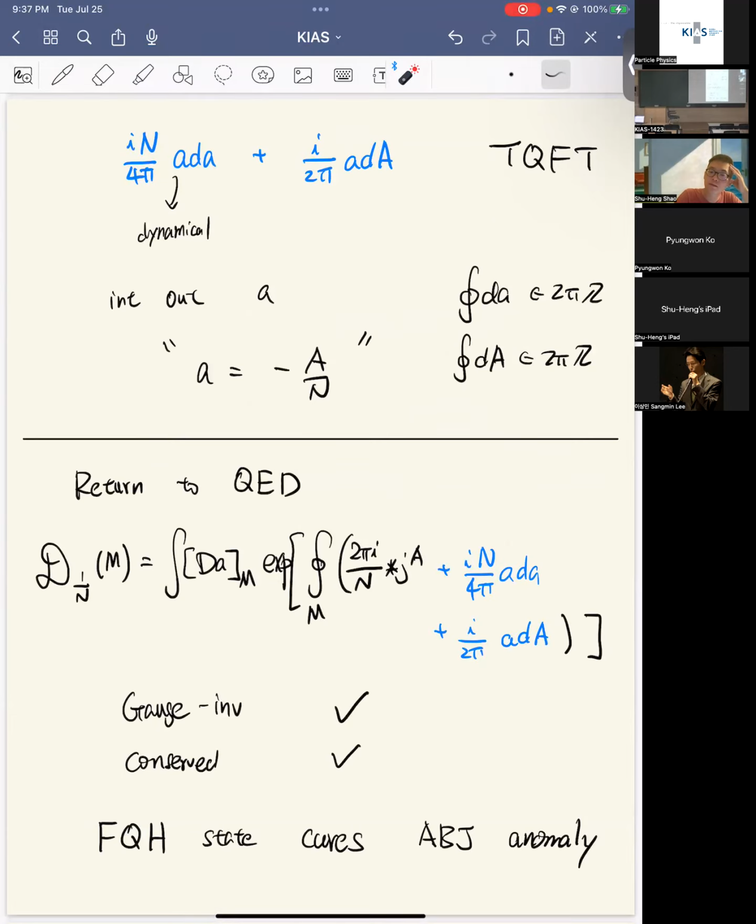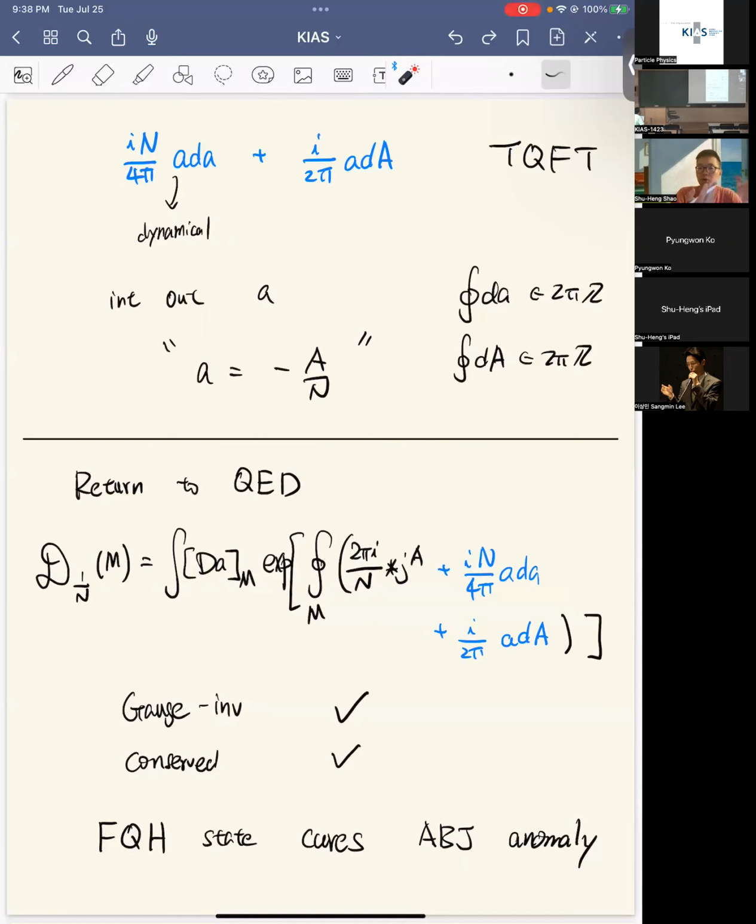You are saying that on every 3 manifold we need to have this dynamical emergent gauge field supported on this 3 manifold. Suppose I want to insert my new operator D along a given 3 manifold, then I have to introduce a dynamical little a gauge field on that 3 manifold to even define this new operator D. It doesn't exist on every 3 manifold. It only exists on those 3 manifolds where you insert an operator D.